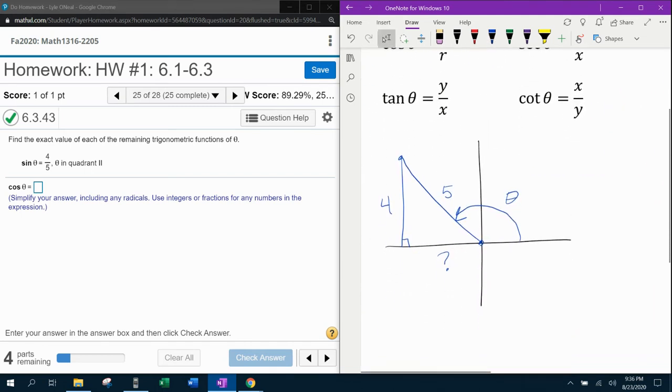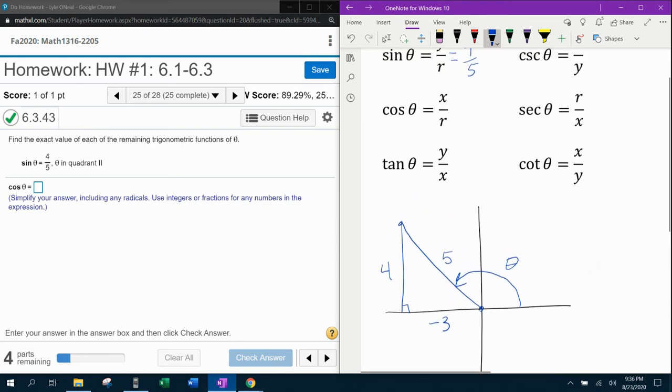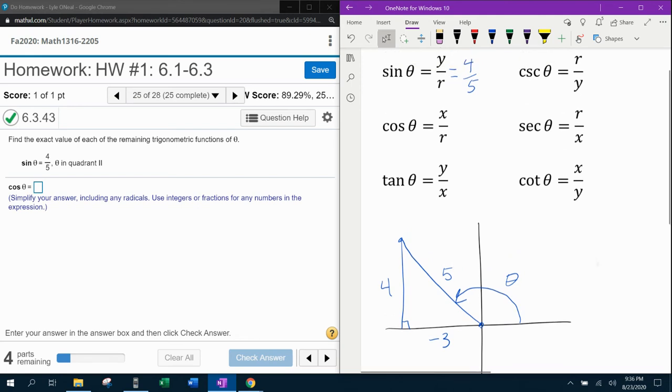And one thing I need to point out is that we are in the second quadrant. So notice that this x value, since it's going in the negative x direction, is actually going to be -3. That's important to remember when you go to set up your trig ratios.